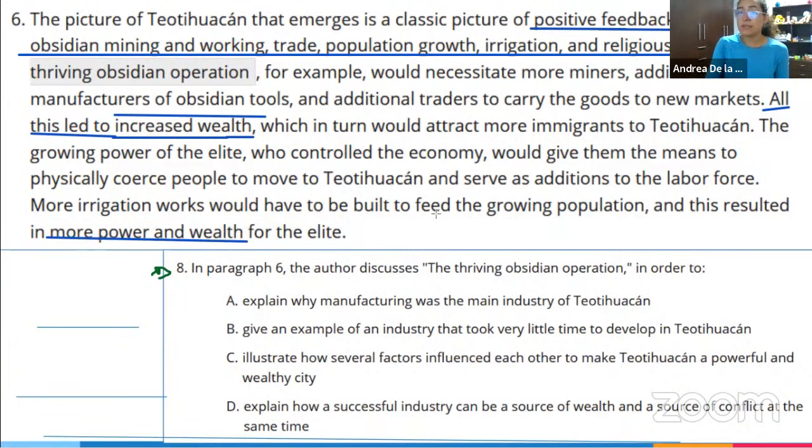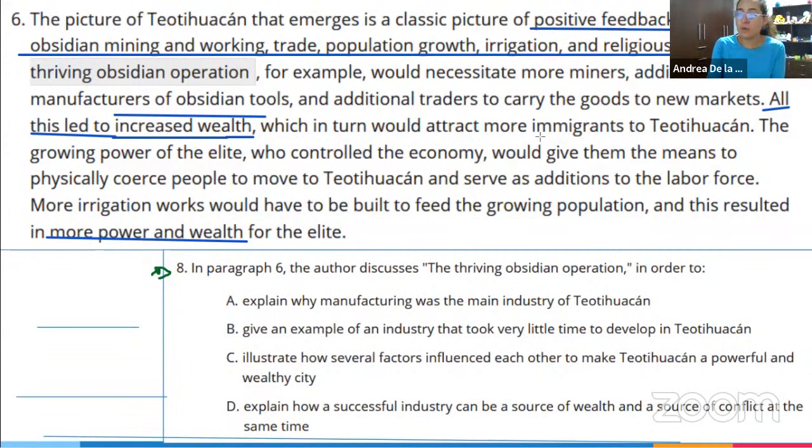That is the main idea of this text, because as you guys can see, then they start talking about the thriving obsidian operation, and they say that this thriving obsidian operation had a positive influence on miners, right? Because they needed more miners for this operation. And that meant that they needed more obsidian tools, and that meant that they needed more traders, and that attracted more immigrants.